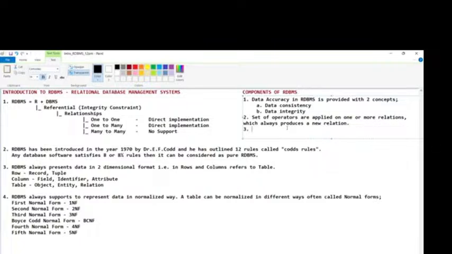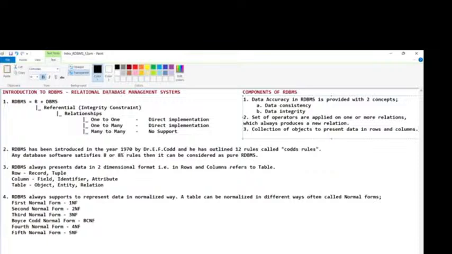And coming to the most important point, remember: a collection of objects to present data in rows and columns.